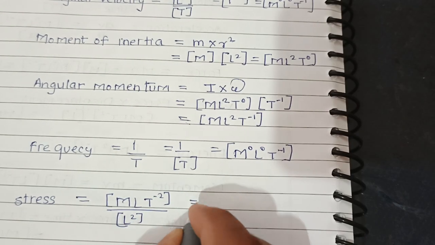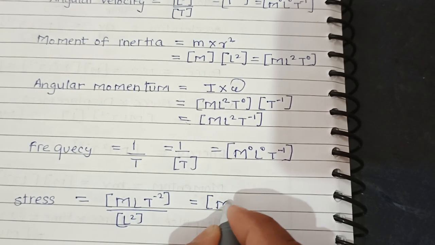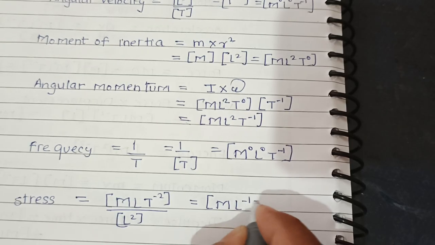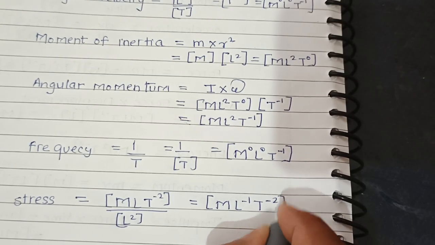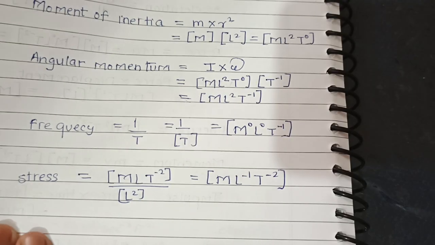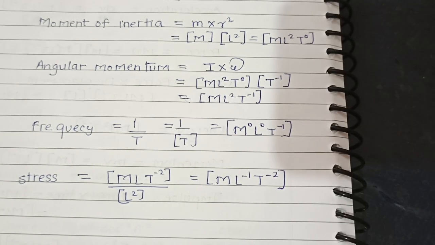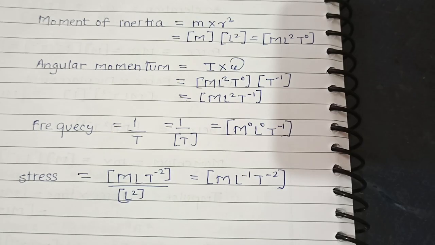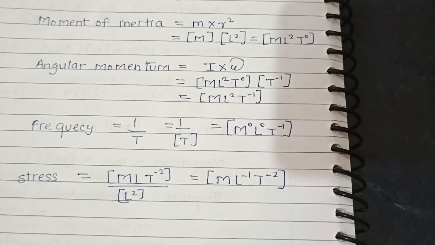So that is M L minus 1 T minus 2. Strain has no dimension.